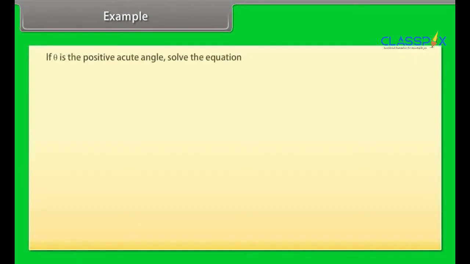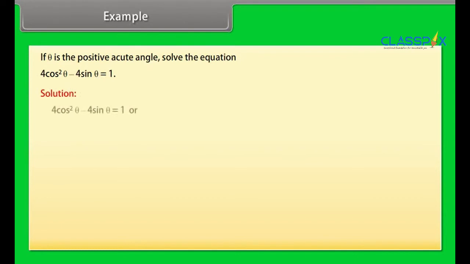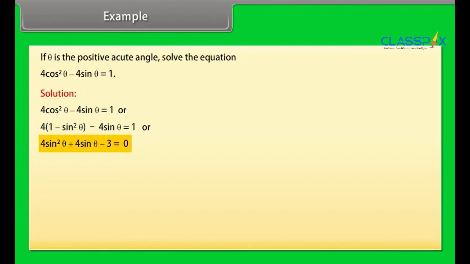Example. If theta is the positive acute angle, solve the equation 4 cos square theta minus 4 sin theta is equal to 1. Solution. 4 cos square theta minus 4 sin theta is equal to 1, or 4 into (1 minus sin square theta) minus 4 sin theta is equal to 1, or 4 sin square theta plus 4 sin theta minus 3 is equal to 0, which is a quadratic in sin theta.